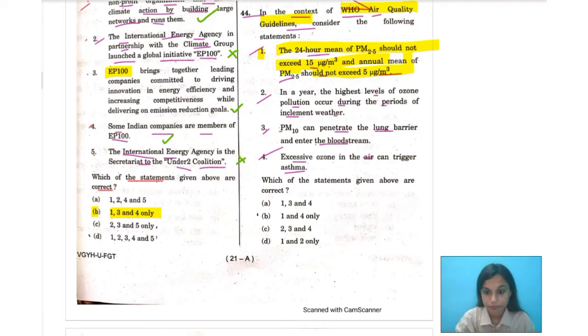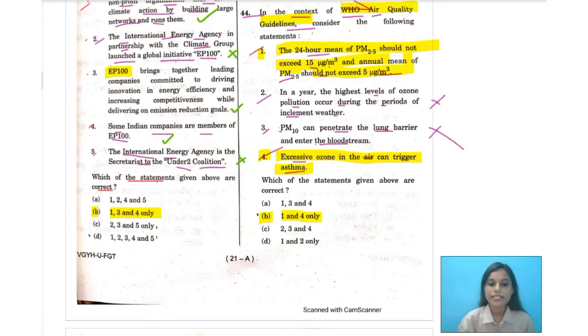This one is correct, and number 4 is also correct, that is, excessive ozone in the air can trigger asthma. The rest of the two sentences are not correct. So we will consider option number B, because it shows 1 and 4 only. So option number B is the correct answer.